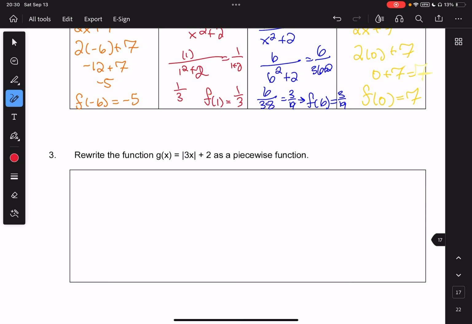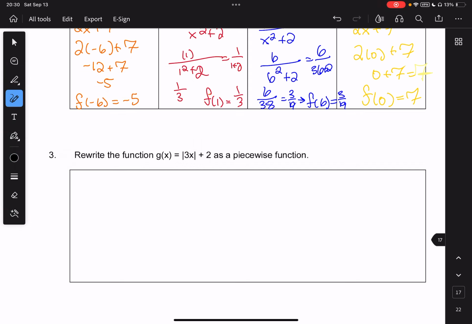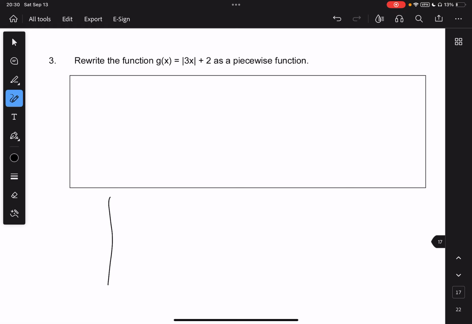So we're going to rewrite the absolute value of 3x plus 2 as a piecewise function. When we do this, if you remember absolute value graphs, say the absolute value of x, it's a v.